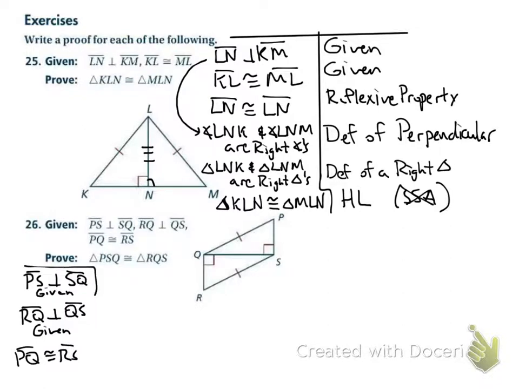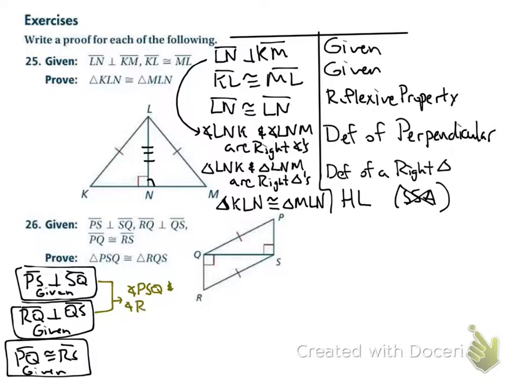Now, because these are both perpendicular, we then can say that angle PSQ and angle RQS are right angles.